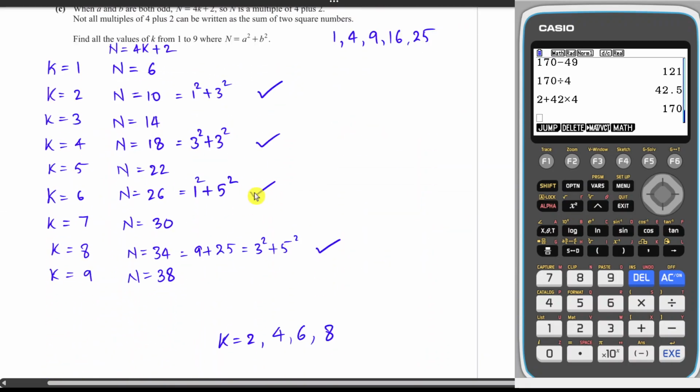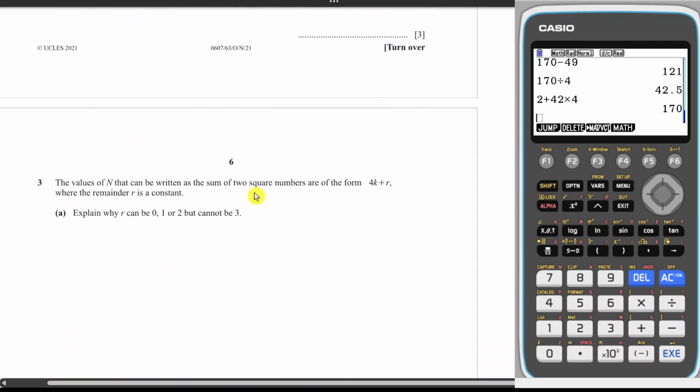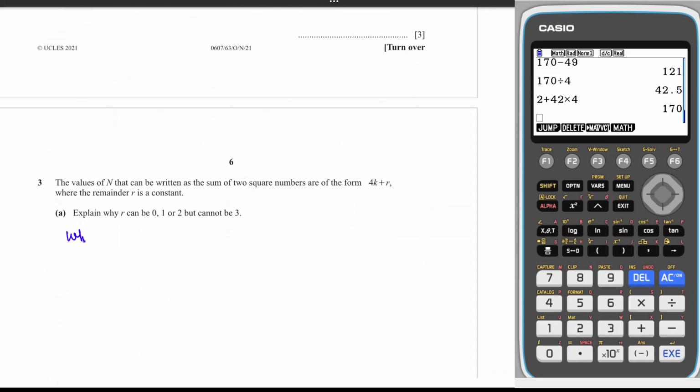So when both numbers are even, n is equal to 4k, which means 4k plus 0, which implies r is equal to 0.